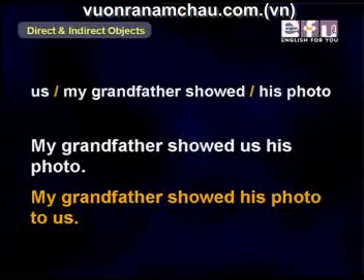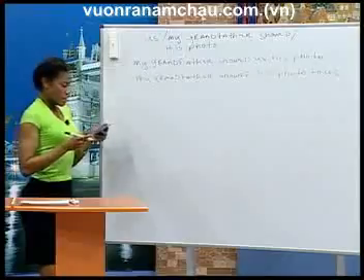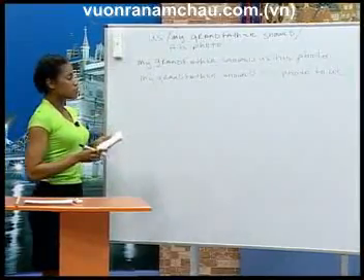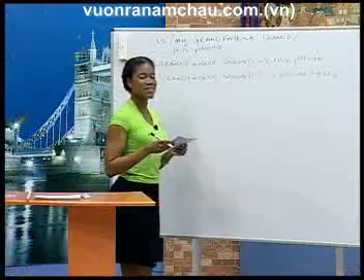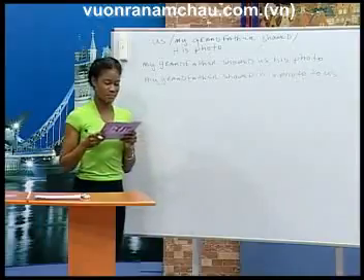My grandfather showed his photo to us. All right, very good. Can we say my grandfather showed us to his photo? Huh? No, that's a crazy sentence. That's right. All right, good job, everyone.